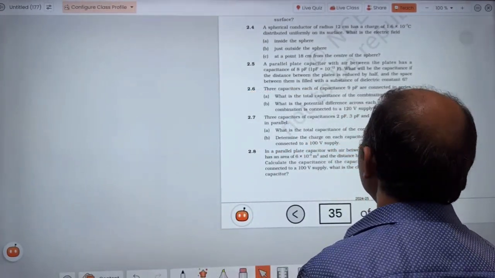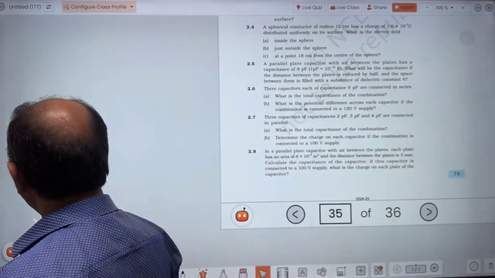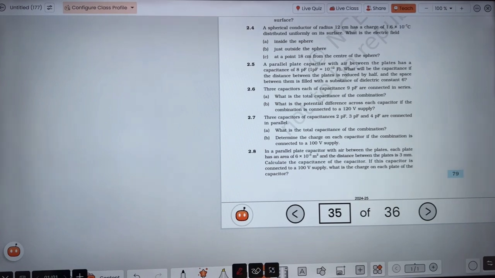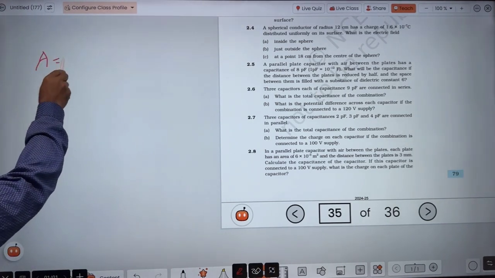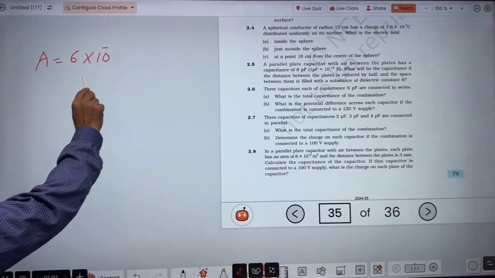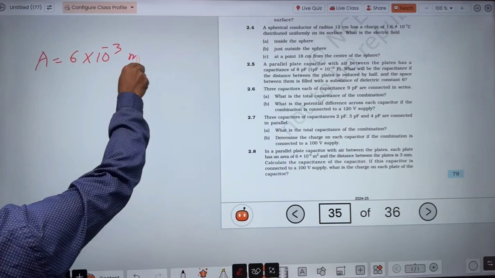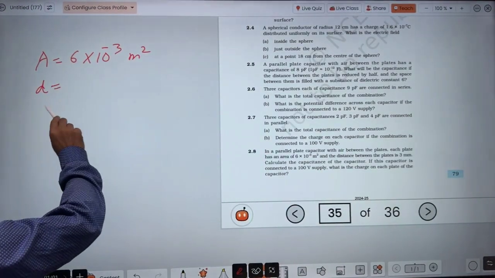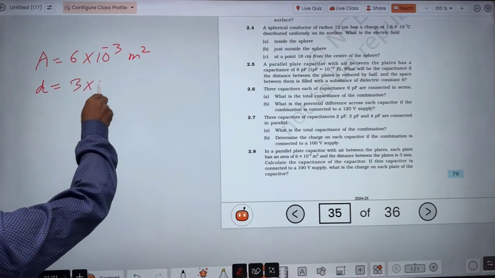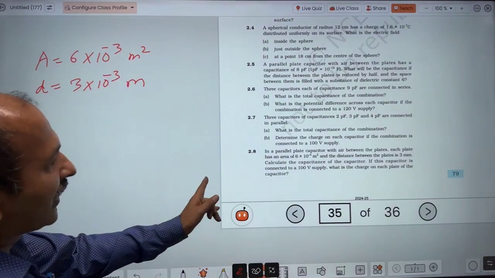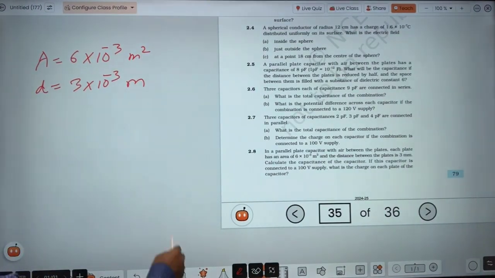You have to find out the capacitance. So this is a parallel plate capacitor. You know the capacity of a parallel plate capacitor is given by epsilon naught A divided by D. So you can put the values. Epsilon naught is 8.85 into 10 to the power minus 12 multiplied by area. Area is given as 6 into 10 to the power minus 3 divided by the separation D, 3 into 10 to the power minus 3.